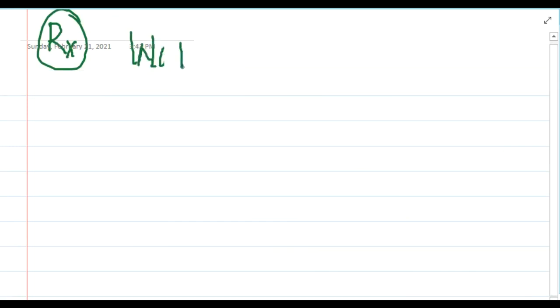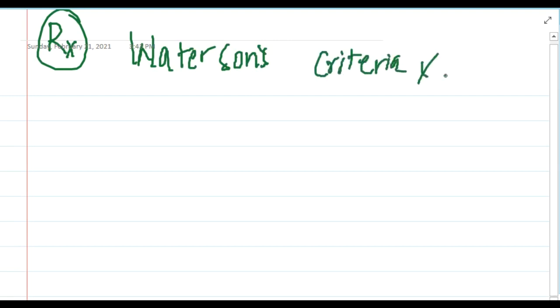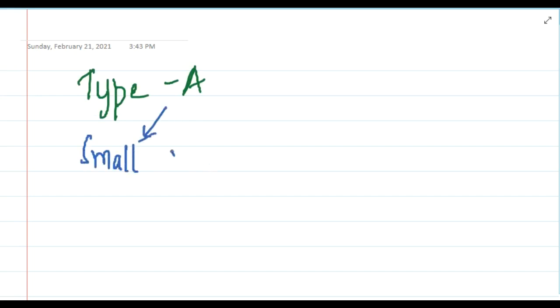Then the treatment. Previously we used the Waterston criteria, but now this is not used. Now the treatment mainly depends upon the type of fistula. If it is type A, then it depends upon the gap between the proximal esophagus and the distal esophagus.